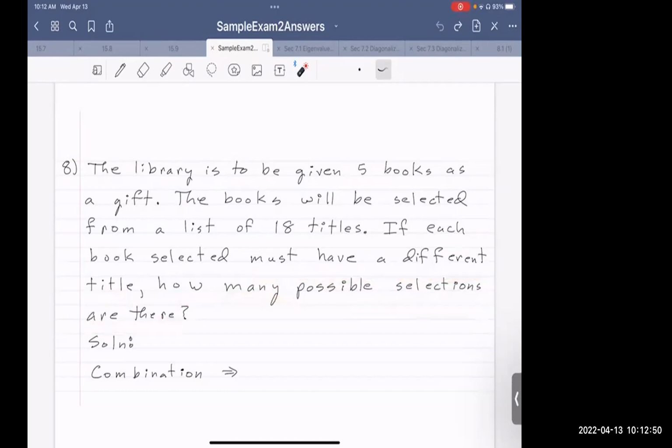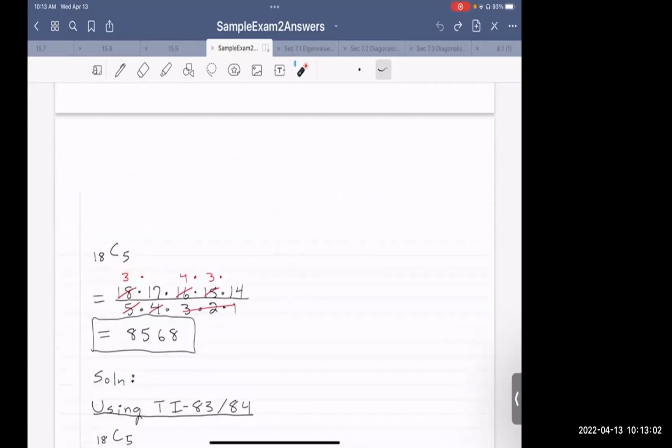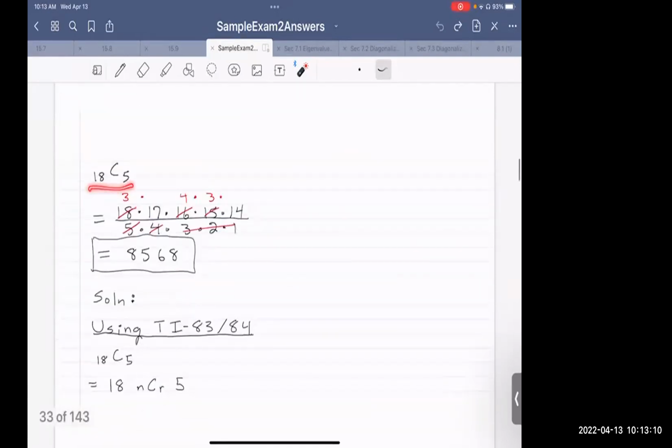Okay, so in this case, it doesn't matter the order at which you're selecting these. And so because of that, we'll be using a combination. And so we'll be looking at nCr. And so in this case, there are 18 books, and we're going to be selecting 5 of them. And so 18 choose 5.